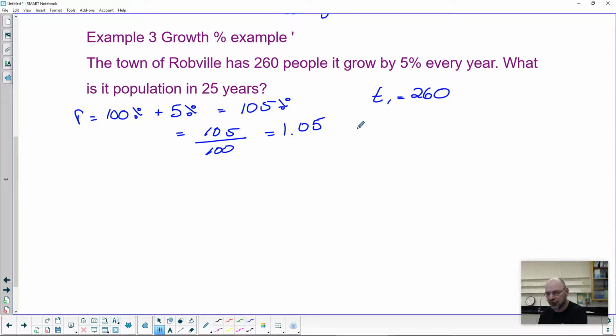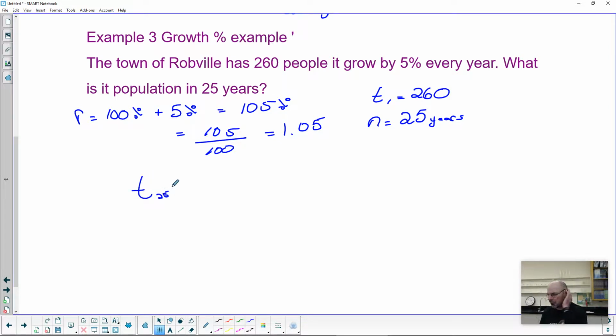Going first year, second year, third year, first year we have this, second year we have another one, third year we have another one. So we're going to say that the n value is equal to 25 years. What's going to be after 25 years? Okay, so we can use the formula for that. So we want T25. You have to be careful.